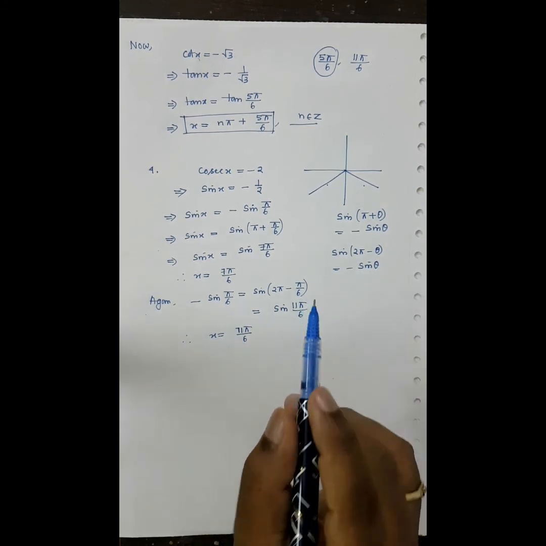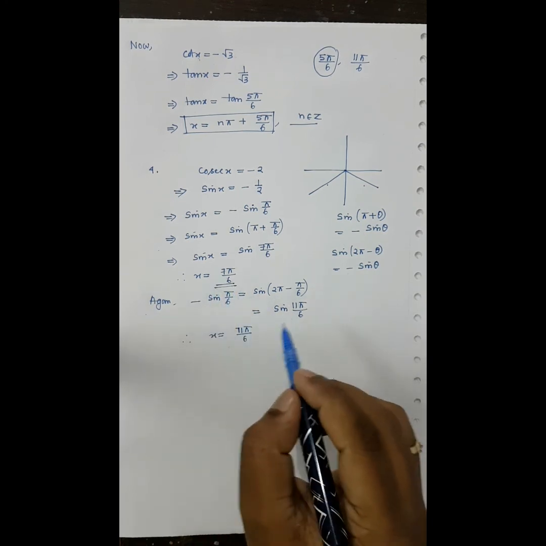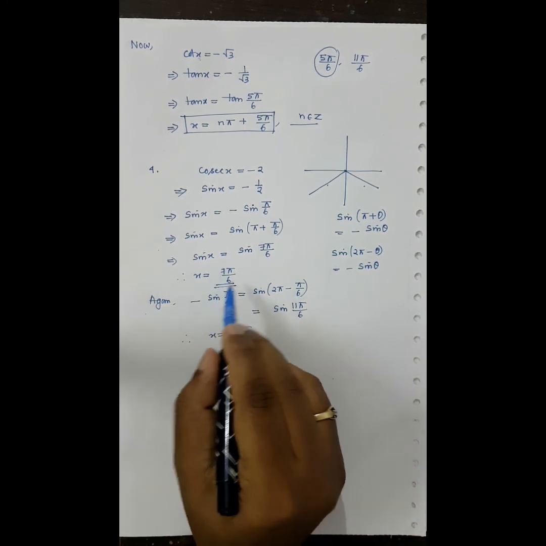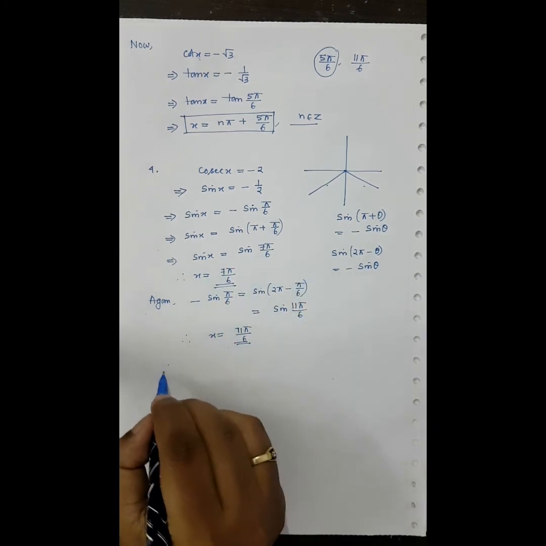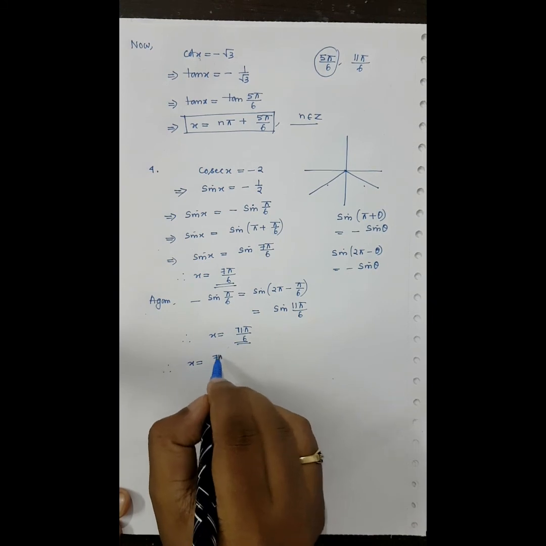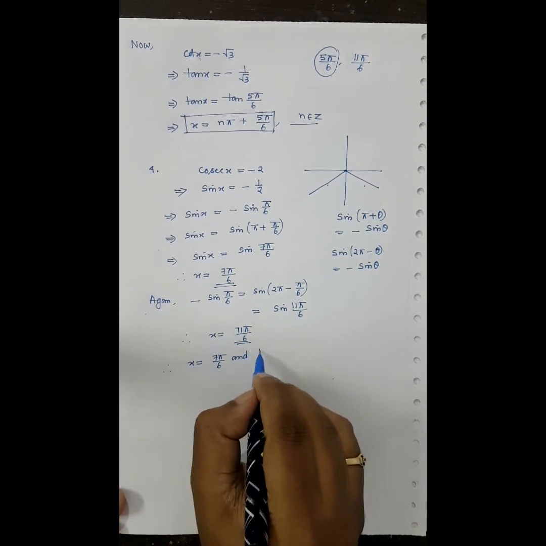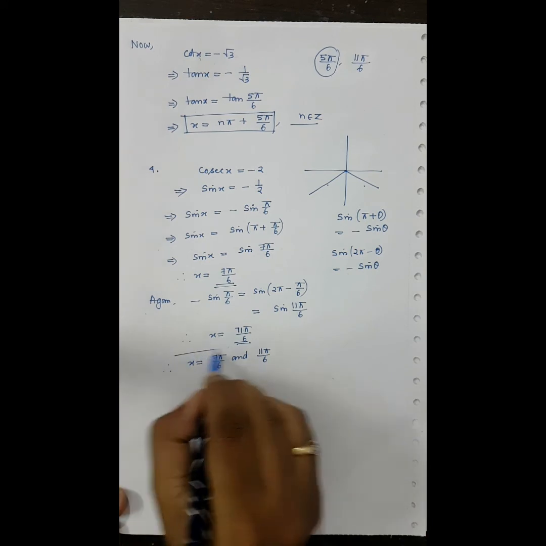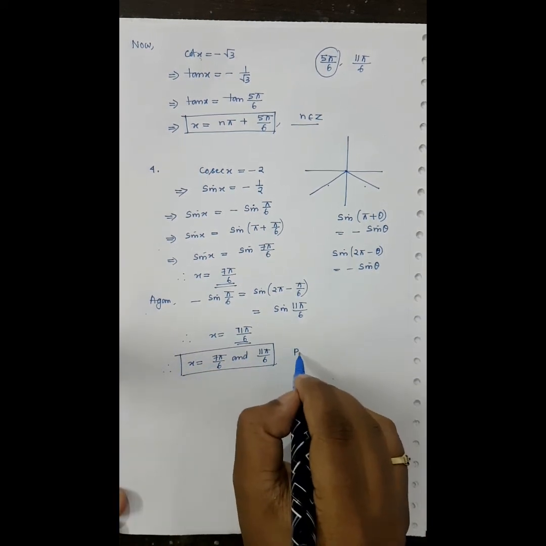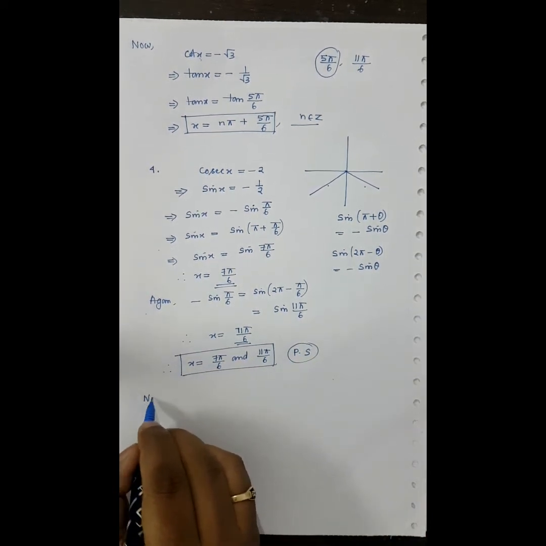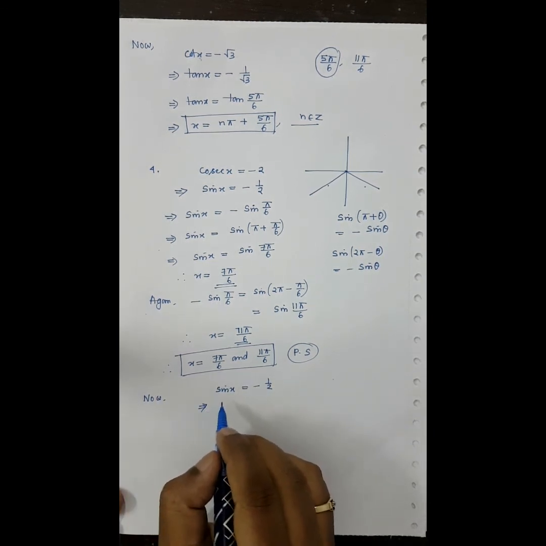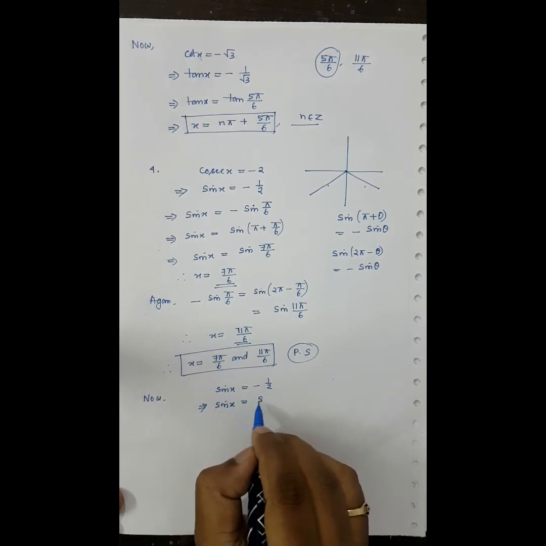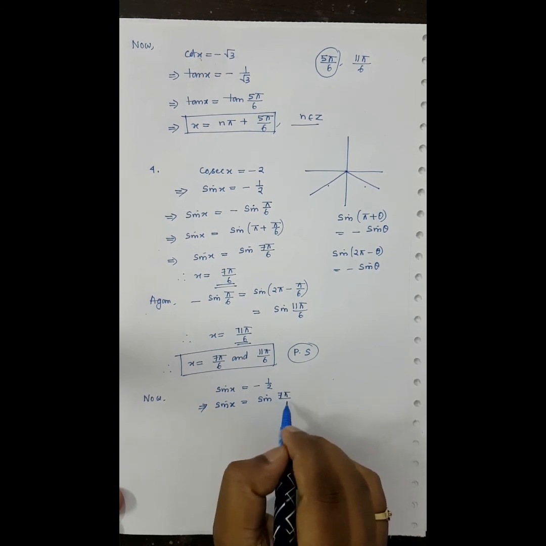Now out of these two values, the smallest value is 7 pi by 6. So this can be used to find the general solution. Therefore you can write x equal to 7 pi by 6 and 11 pi by 6 are the principal solutions. Now for minus half, to find the general solution, you can assume that this is equal to sine of 7 pi by 6.